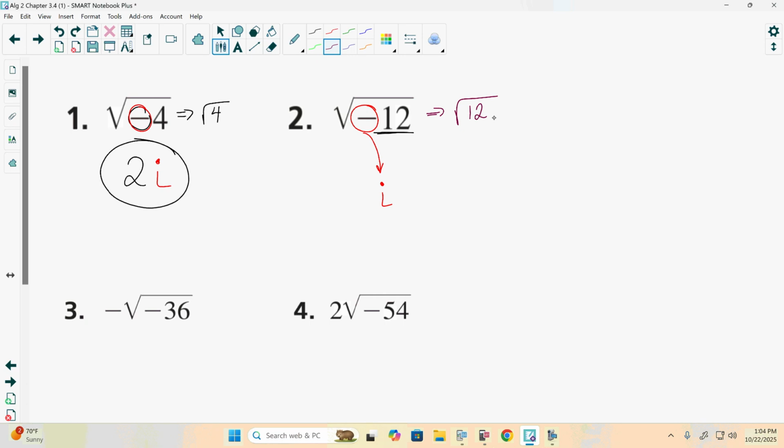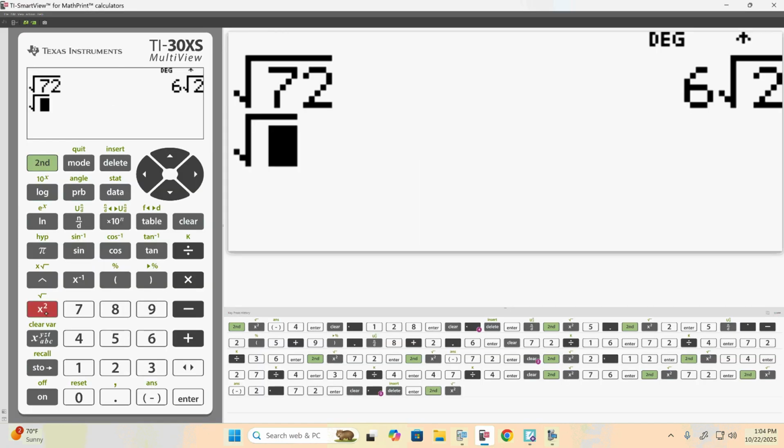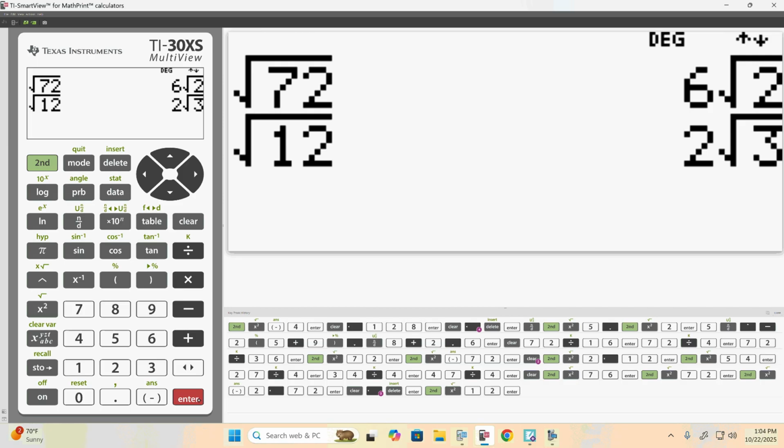Look for perfect squares. Perfect squares with 12 would be 4 times 3. Square root of 4 is 2. Square root of 3 does not simplify. Telling us that we have 2i square root of 3. The TI-30XS would do the square root of 12, telling us it is exactly 2 square root of 3. We just have to put the i back in.